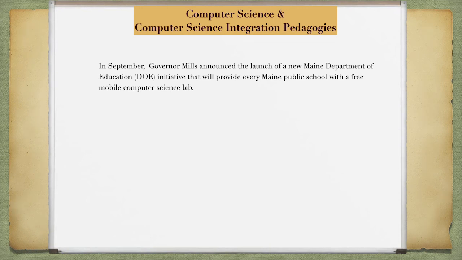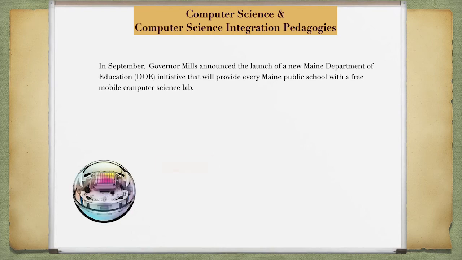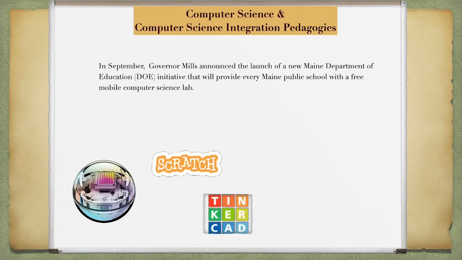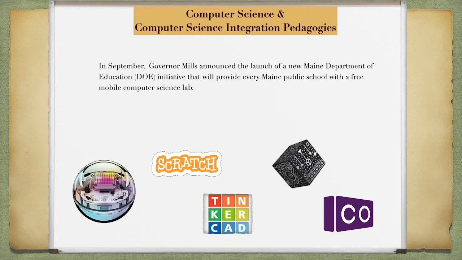In September, Governor Mills announced the launch of a new Maine Department of Education initiative that will provide every Maine public school with a free mobile computer science lab. The effort will enable all Maine students to have real-world learning experiences in robotics and programming, augmented and virtual reality, and coding and hardware.